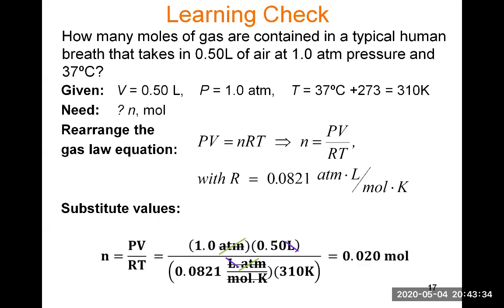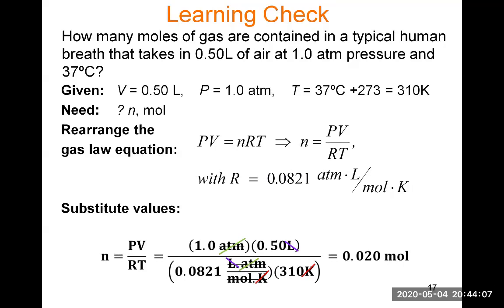In the denominator here, we have Kelvin and then per Kelvin in the unit of R. So it's a fraction of Kelvin over Kelvin, so they cancel. And we are left with mole, and mole is in the denominator of the denominator, which is the same place as being in the numerator. So that's correct. We will get a number of moles and the unit will be moles.